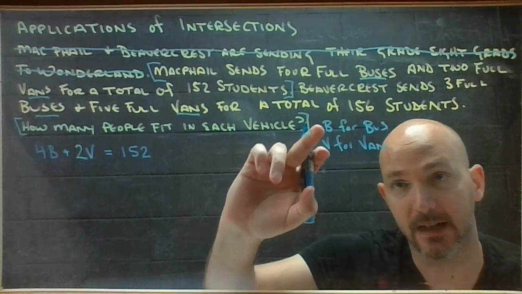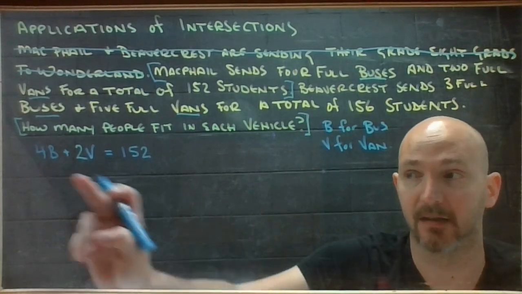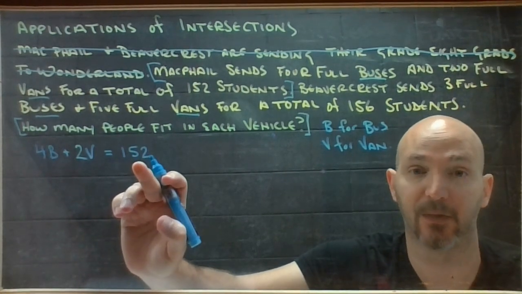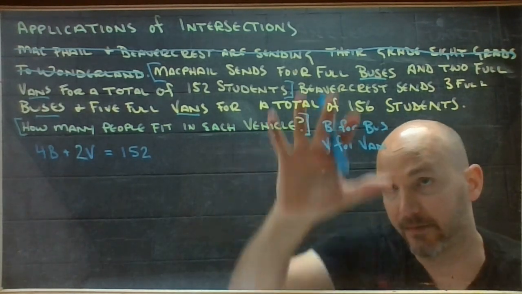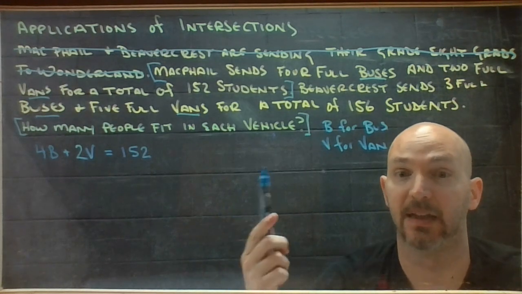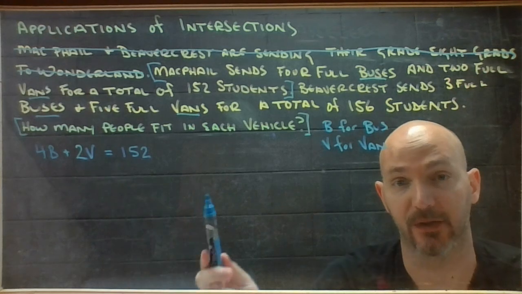So once I identified that I was going to use B for a bus and V for a van, this sentence literally reads 4 buses and 2 vans is 152 kids. So there wasn't a lot of math magic to pull out of there. It's really just literacy. Right? Can you read a sentence and convert it to an equation?